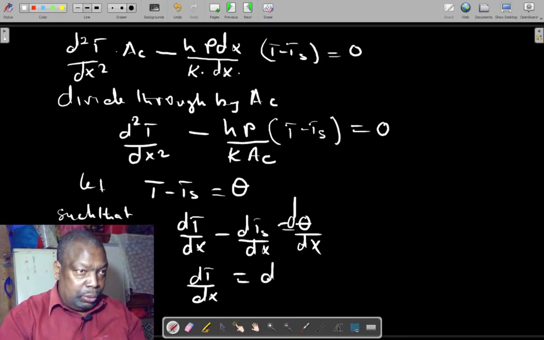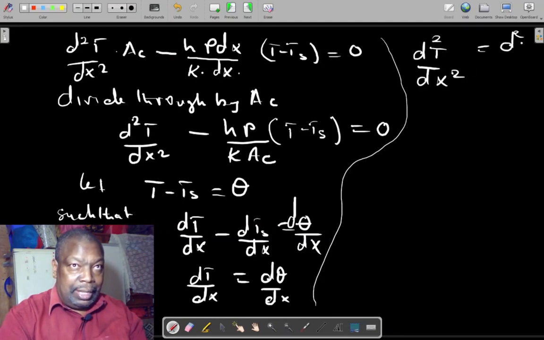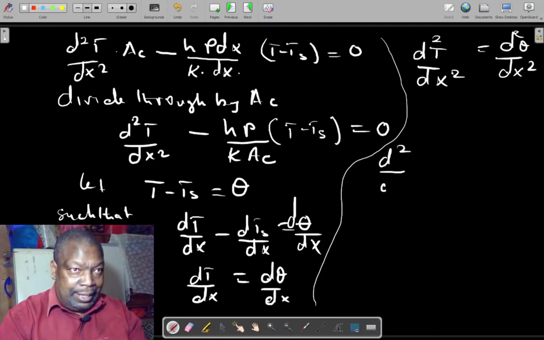It also follows that if you differentiate again, you'll get d squared T by dx squared is equal to d squared theta by dx squared. So I can substitute in my equation and get d squared theta by dx squared minus hP over k Ac theta is equal to 0.